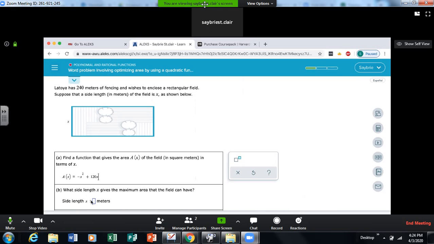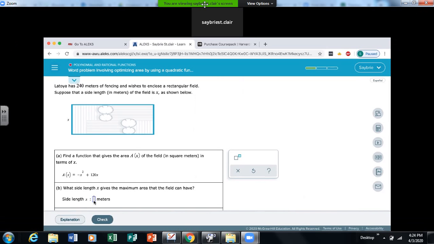Alright, and then negative b over 2a would be negative 120 over 2 times negative 1, so it looks like 60 on that one.